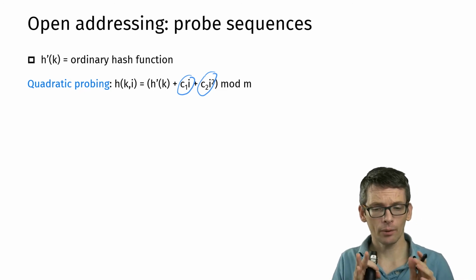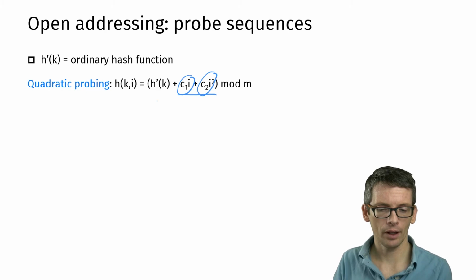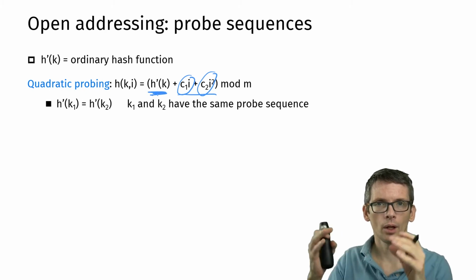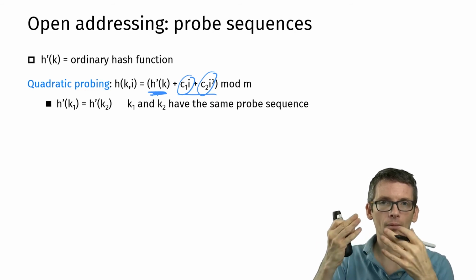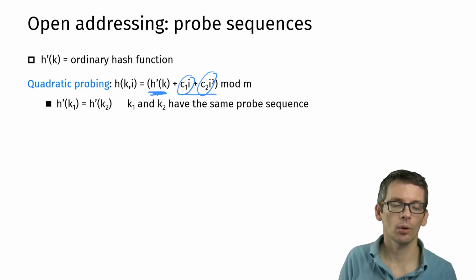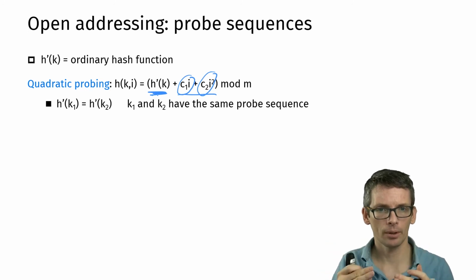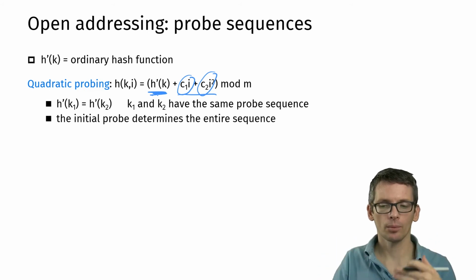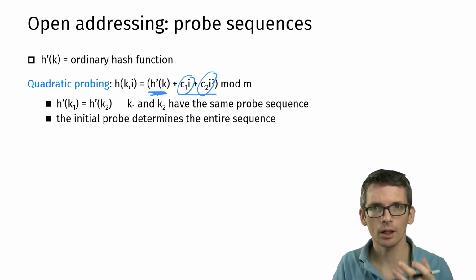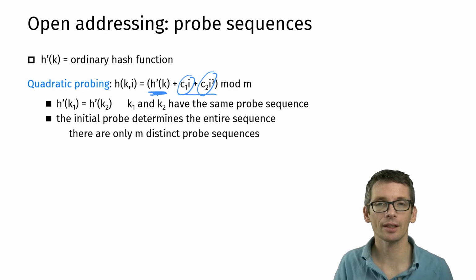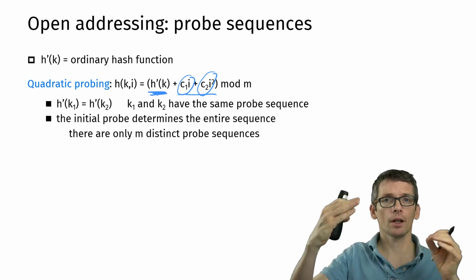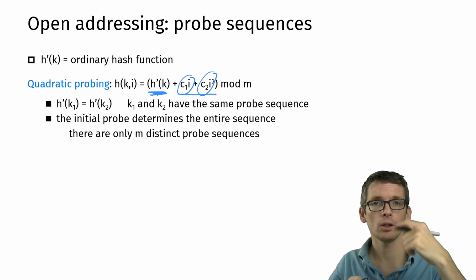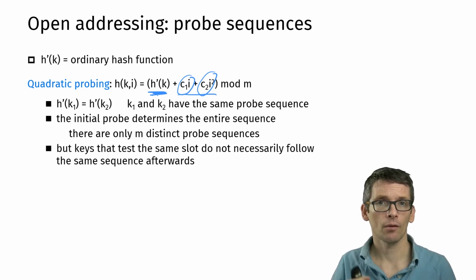So now you still have the situation that if two keys hash to the same cell, to the same initial probe, then the probe sequences will be the same. So you still have the problem that the initial probe determines the entire sequence. You still have the problem that you only have overall m sequences, but if you have another element that joins a sequence somewhere in between, it will not follow the same sequence from then on.